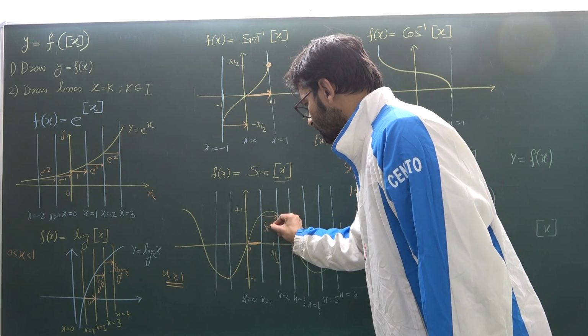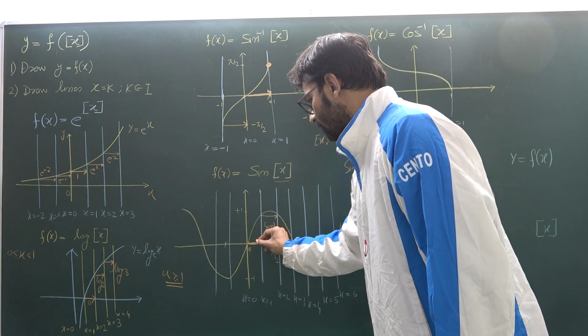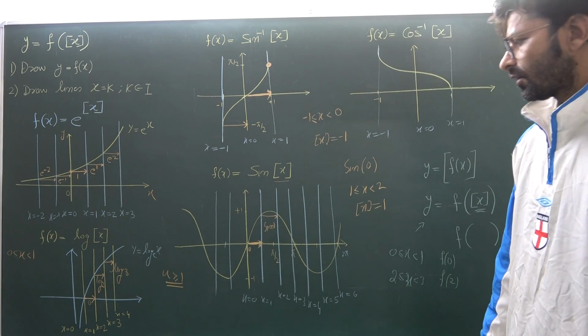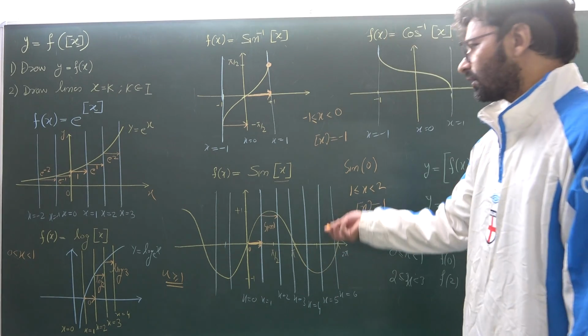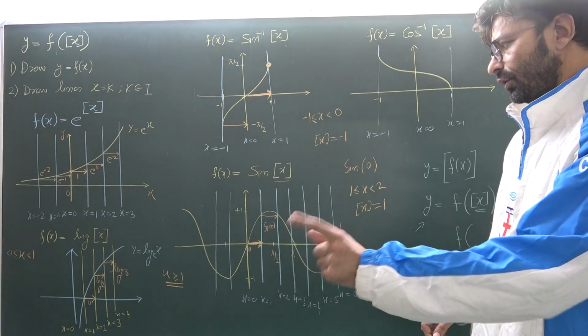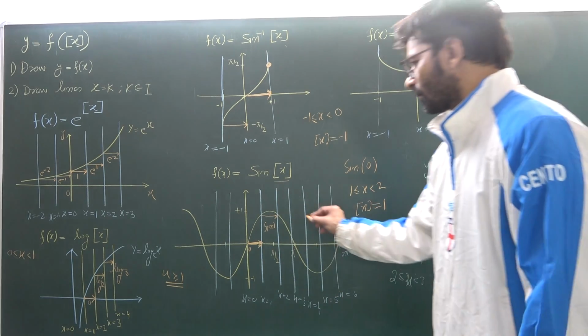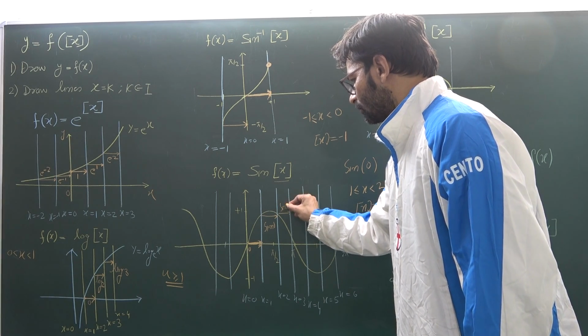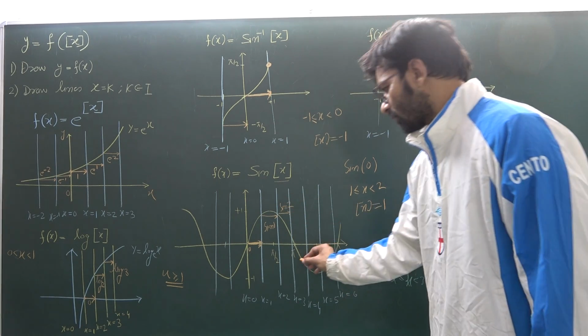This is sine 1. However, I should have avoided this arrow, but okay, let's do it. Between 2 to 3, the greatest integer of x will return 2, which means the output is sine 2. Then this point is 3.